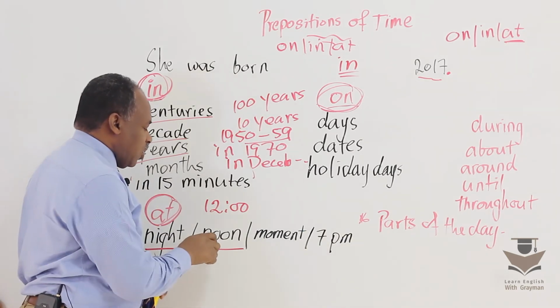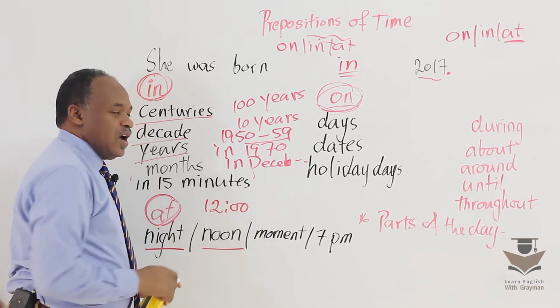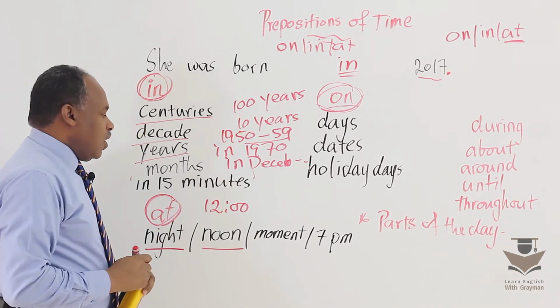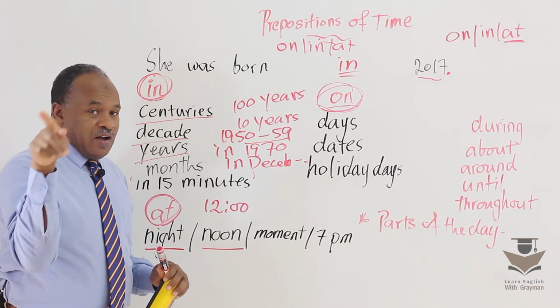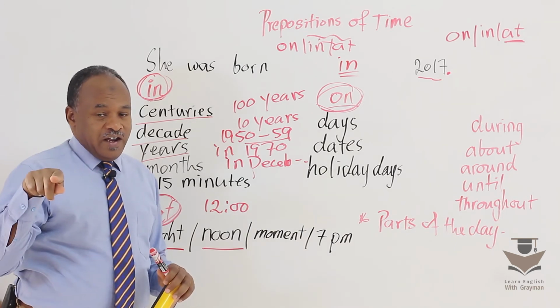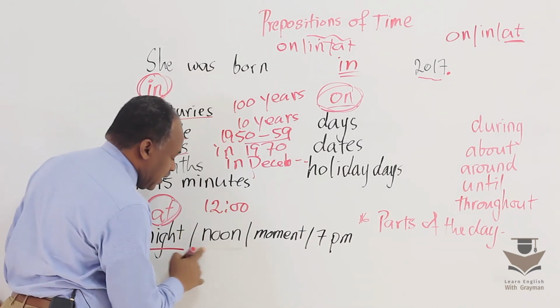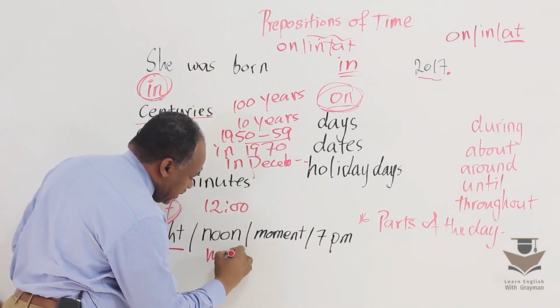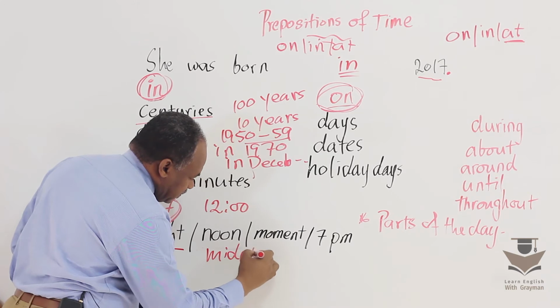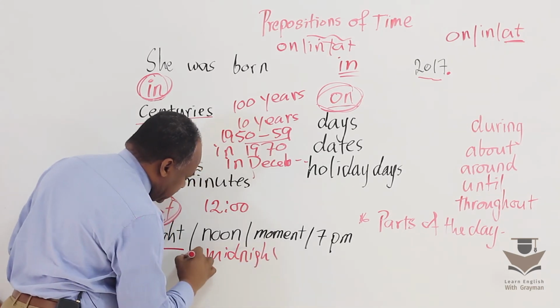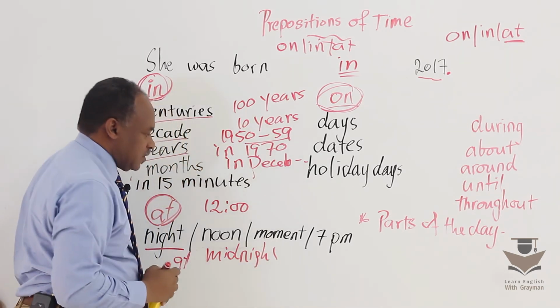So we say, I'll call you at noon. That means I'll call you at 12 o'clock. And the other 12, because we have a 12 midday and the other one is midnight. The midday is called noon and the midnight is called midnight. We say at midnight. Okay.